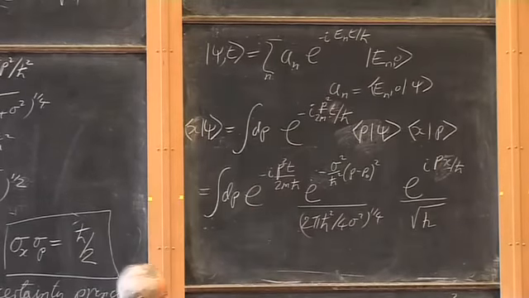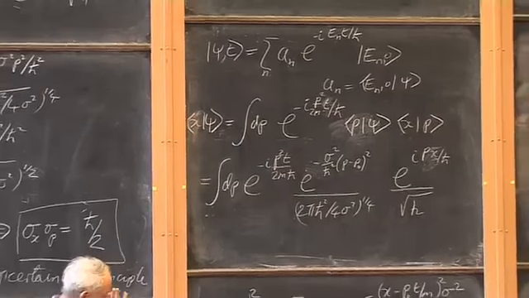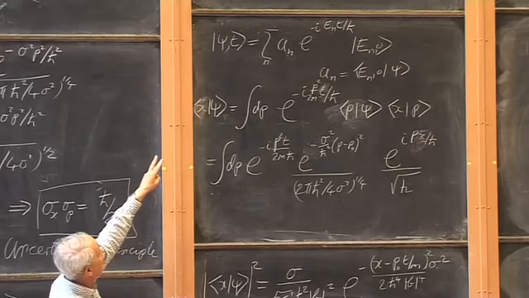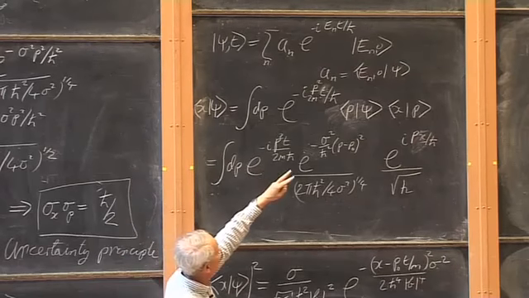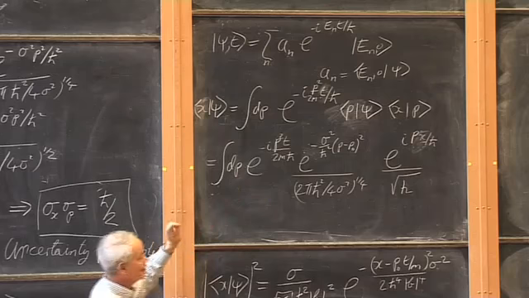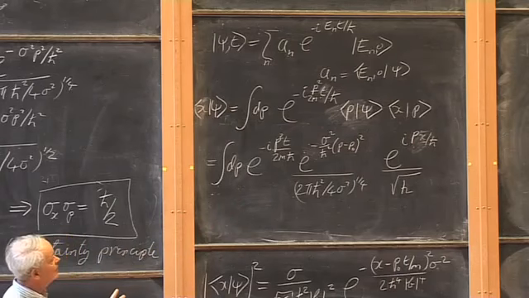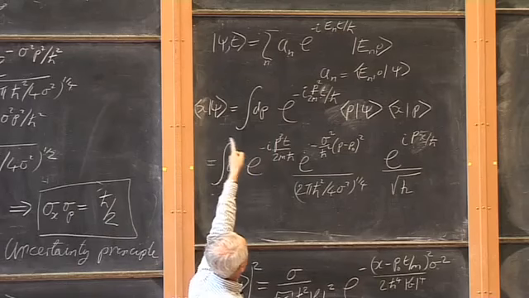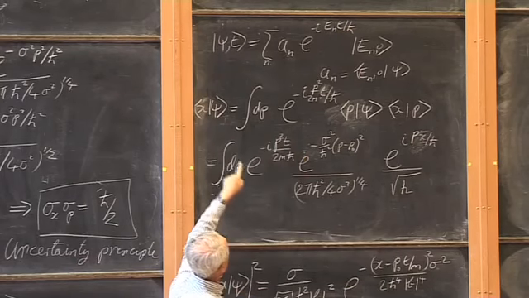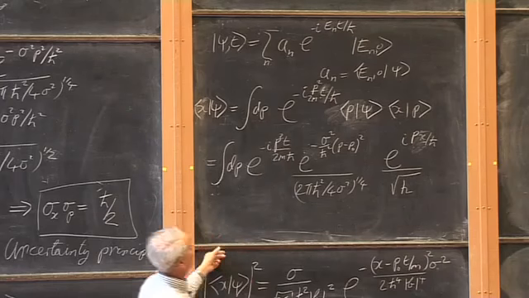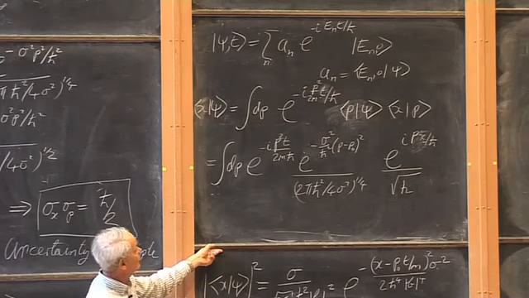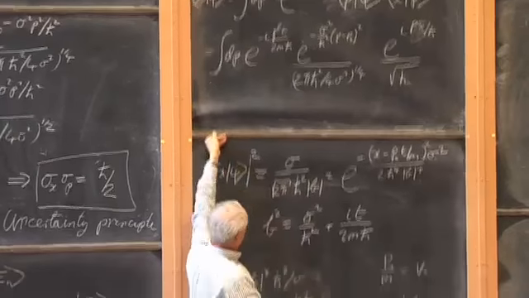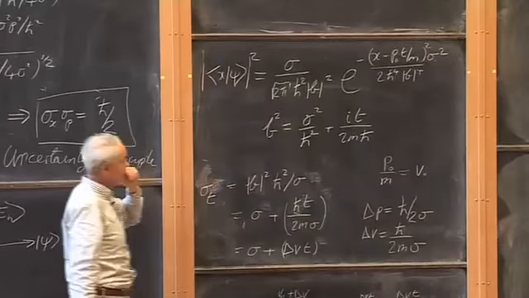We've said that I can evolve something in time so long as I can express my original state as a linear combination of states of well-defined energy. In this particular case of a free particle, a state of well-defined energy is exactly the same as a state of well-defined momentum. So we wrote that sum expression in the integral form that's appropriate because momentum has a continuous spectrum. And then we just turned the handle, and out came these perfectly sensible results.